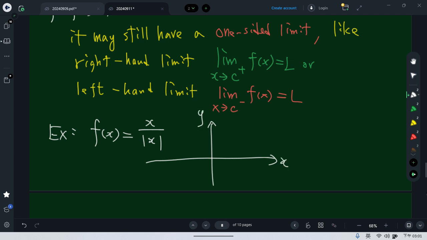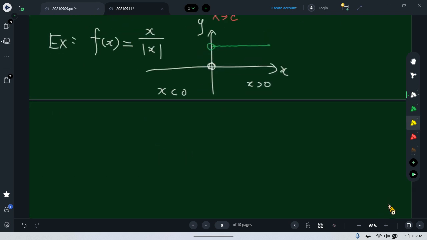For x larger than 0, what is the result? 1, correct. It will be 1, because its domain will not include 0, right? For x less than 0, what's the result? -1, yes, correct.